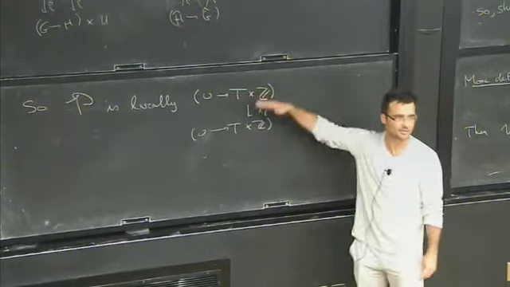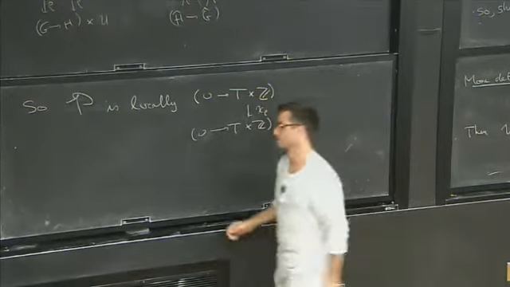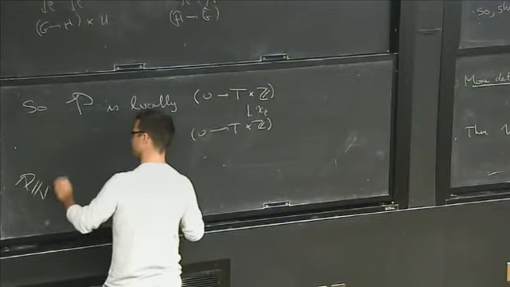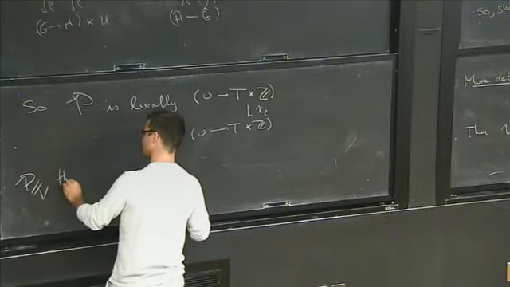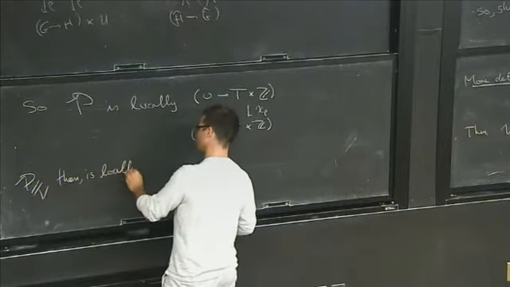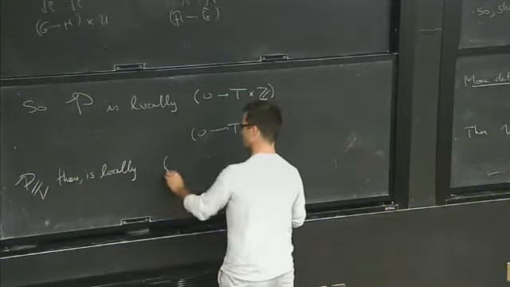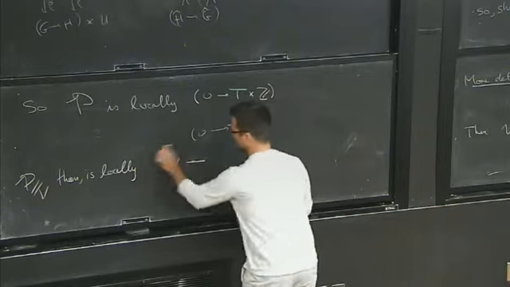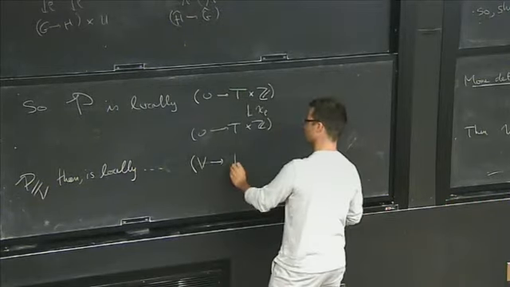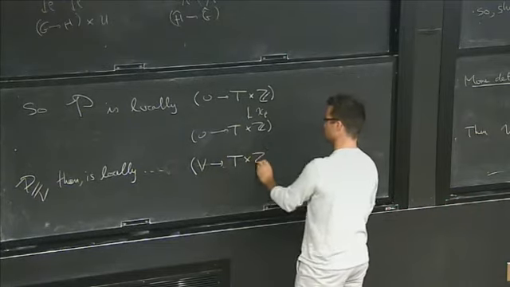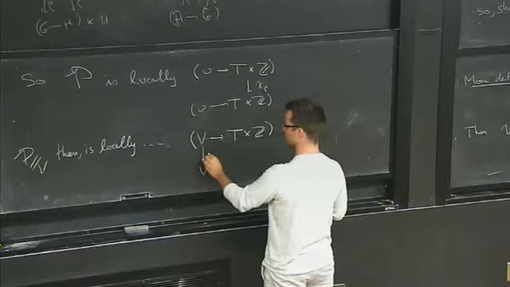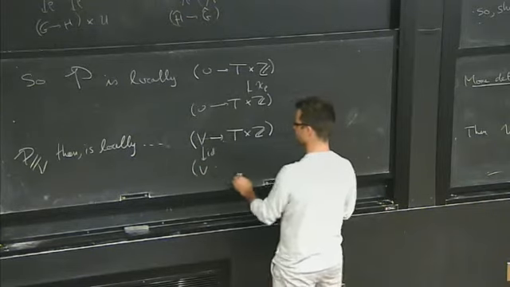So now what's P mod V? Now it's going to be easier to see what P mod V should be. The stack quotient of P by V is locally of the form V going to T cross Z, and it has transition functions that are just going to be the identity on the V component.